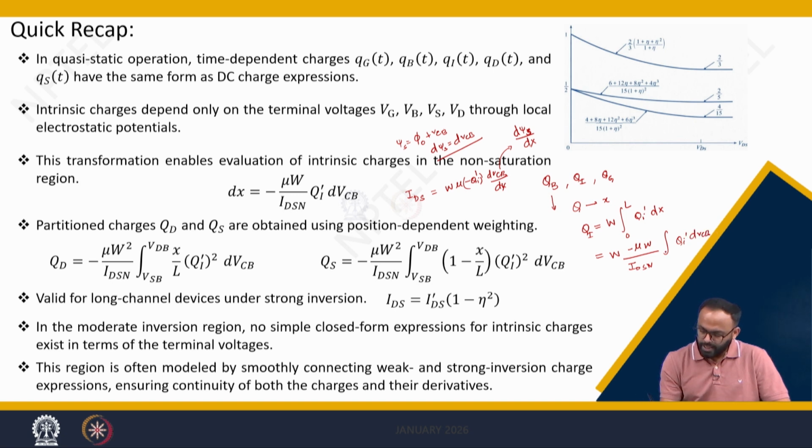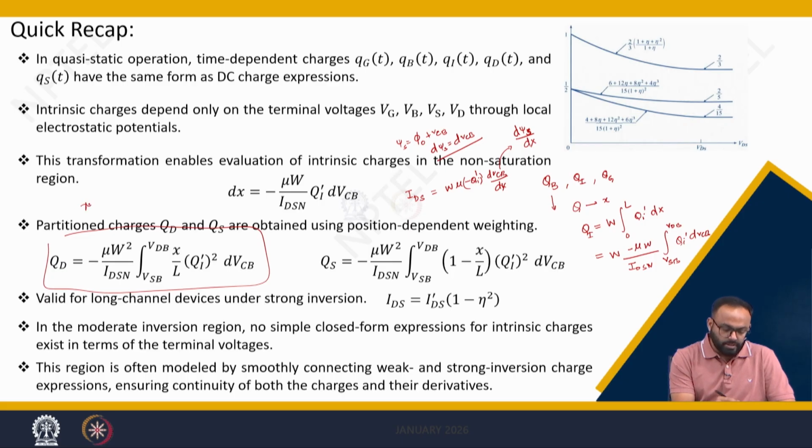In that, we said that the limit of this integral will be VSB to VDB. To solve the fictitious charges, for example QD, we required x, and we also showed how we can relate x, in the sense of position, with respect to voltage.